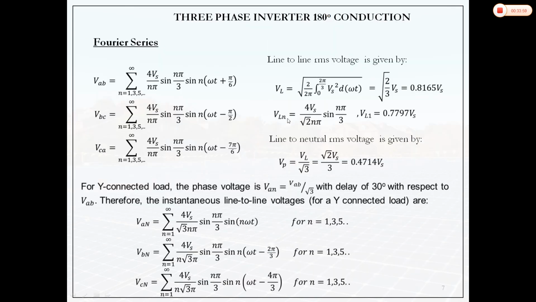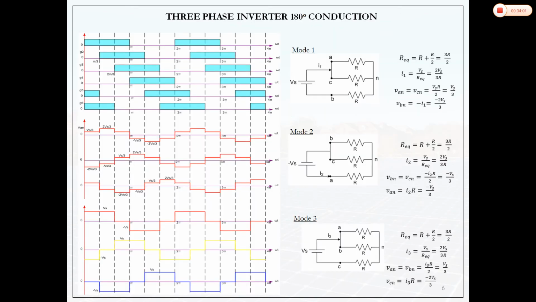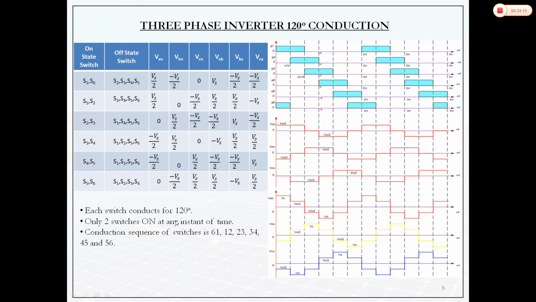If you observe these two waveforms, for 180-degree you are getting Vs for a 120-degree interval, then for the next 60-degree it is 0, then for a 120-degree interval it is minus Vs, then for the next 60-degree interval it is 0. If you compare, the phase voltage here is Vs upon 2 for a 120-degree interval, then for the next 60-degree interval it is 0, then for the next 120-degree interval it is minus Vs upon 2.